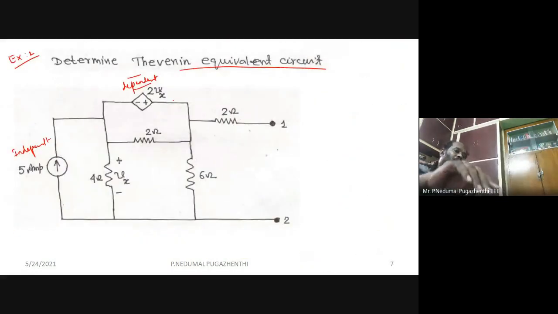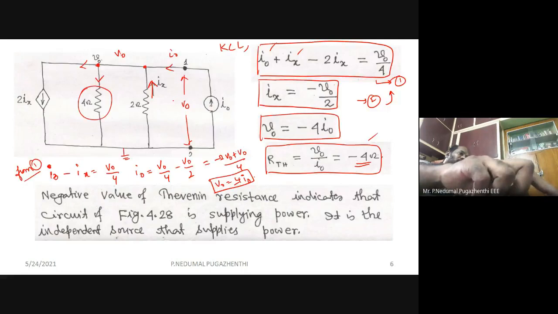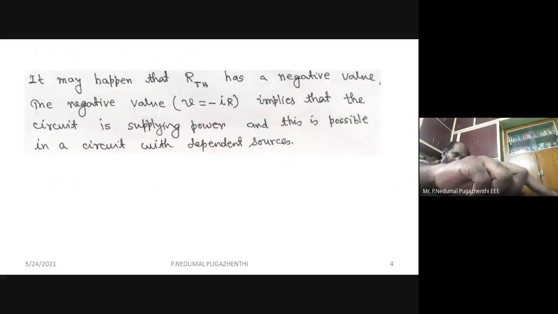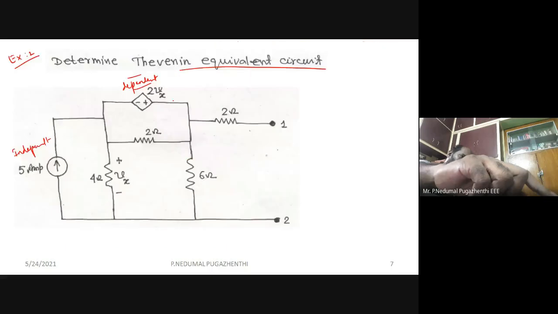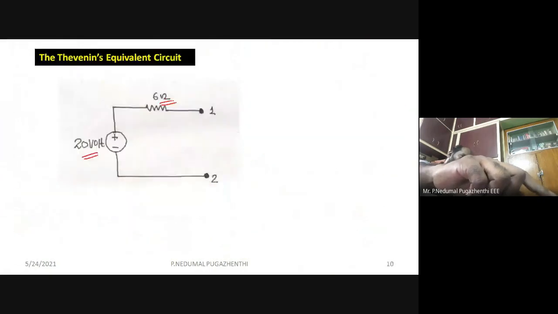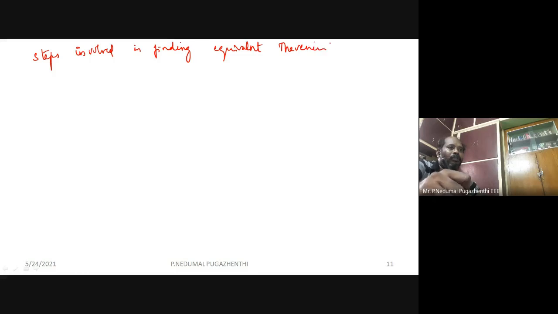Only 2 problems I have solved so far with the dependent source. So can anybody summarize what are the steps involved in finding the equivalent Thevenin's circuit with the dependent source?